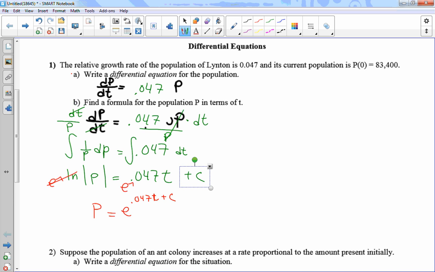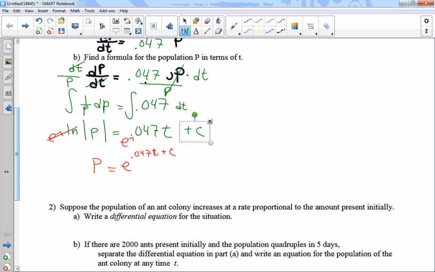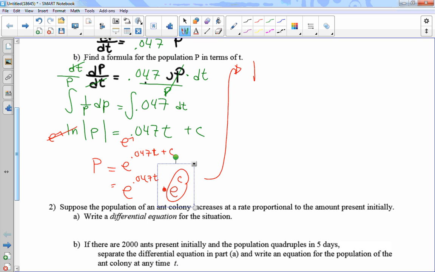The C can't just go down, because what this really is, if I separate these terms out, I have that times e to the C. And e to the C is a constant. So I can't just bring the plus C down, because it's not being added, it's actually being multiplied. Okay? So I get P equals, and we usually do a big C for that, times e to the 0.047t.